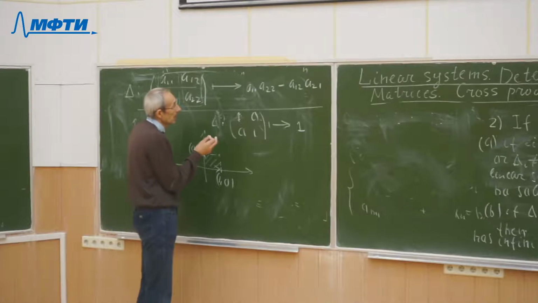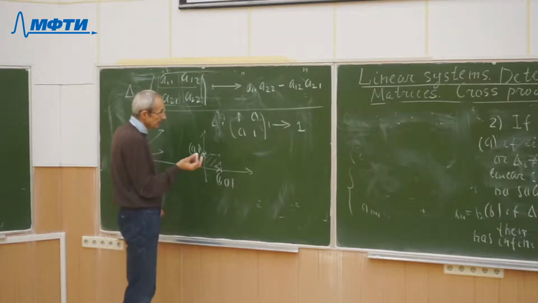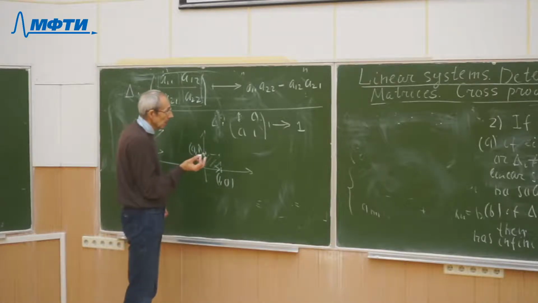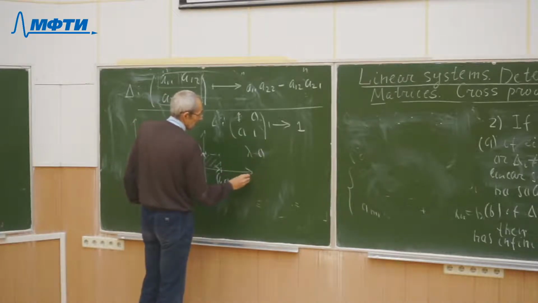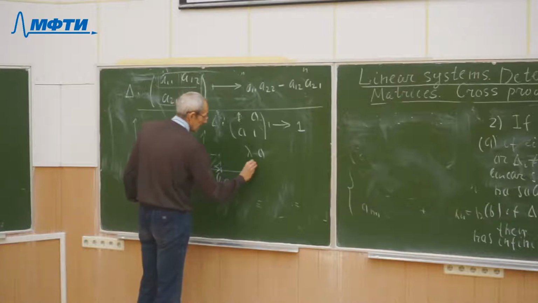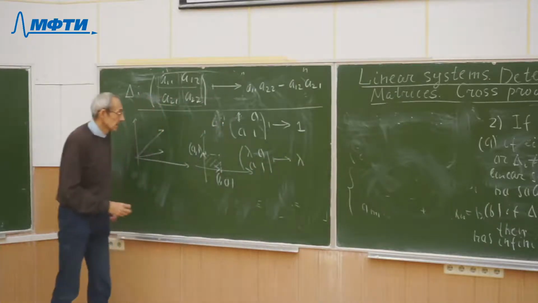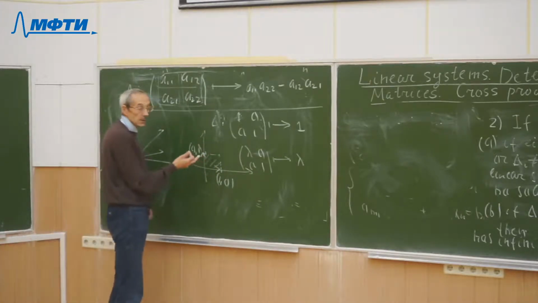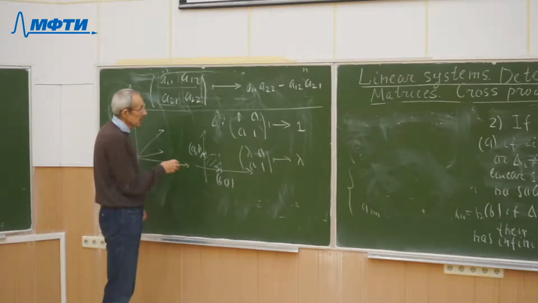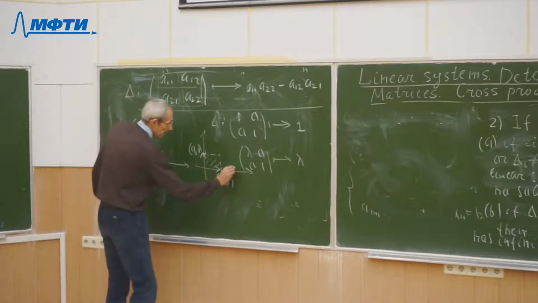If we multiply one of these vectors by some number lambda, for example in this case, the area of this rectangle is also multiplied by this number lambda.